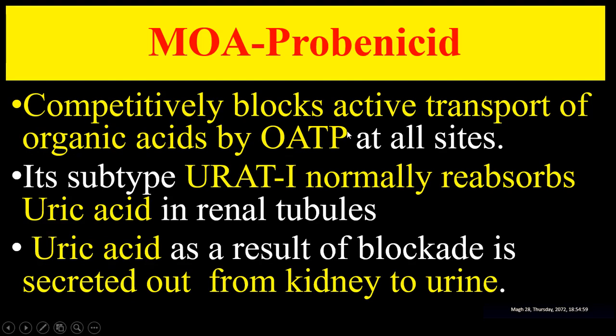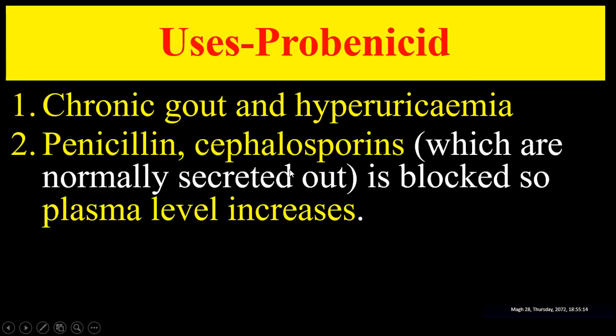It inhibits OATP, which is normally responsible for absorption of uric acid in the kidney tubules, and this drug stops its function. Therefore, the uric acid is thrown out from the body. It has two uses. One is chronic gout and hyperuricemic conditions, and another is that it increases the amount of penicillin and cephalosporin, which are normally secreted out, by blocking their secretion, and that's why the plasma level increases.